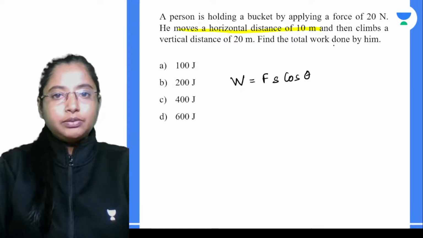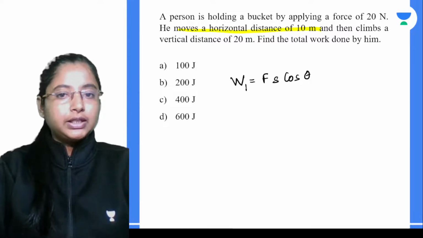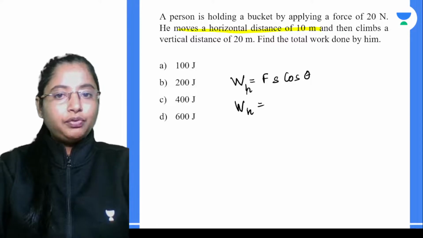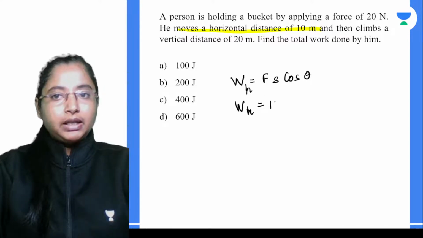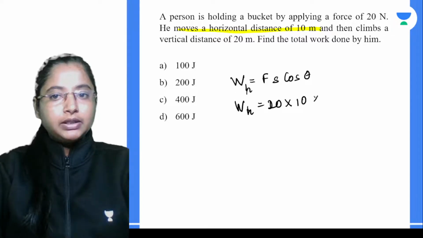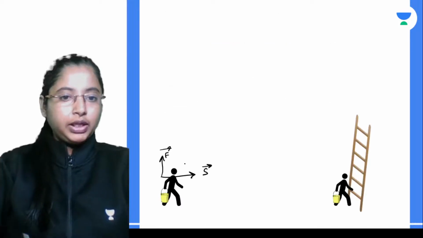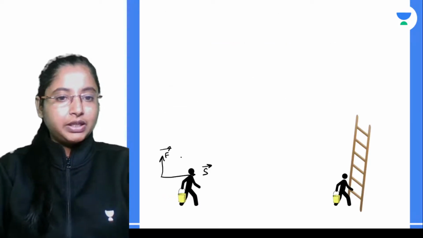When he is moving in the horizontal direction, let me take that as WH, the work done in the horizontal direction. Force applied is 20 Newton, displacement is 10 meters. Cos of the angle between them: we just saw he is holding this bucket in this direction and his displacement is in the other direction.